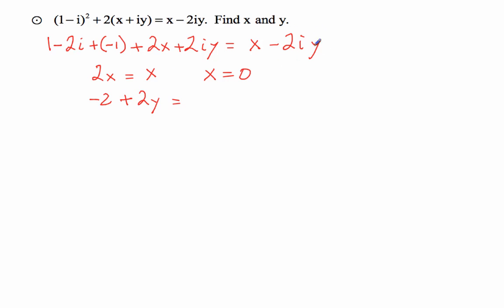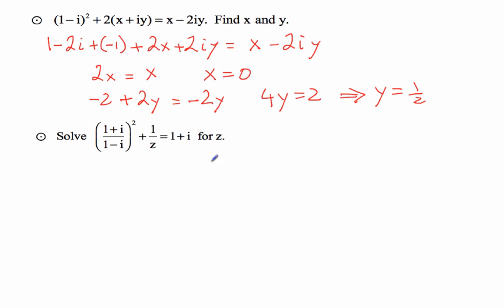And on the right-hand side, it's minus 2y. And so that gives us 4y equals 2, which means y is equal to a half. So y equal to half, x equals 0 is the solution to this equation.